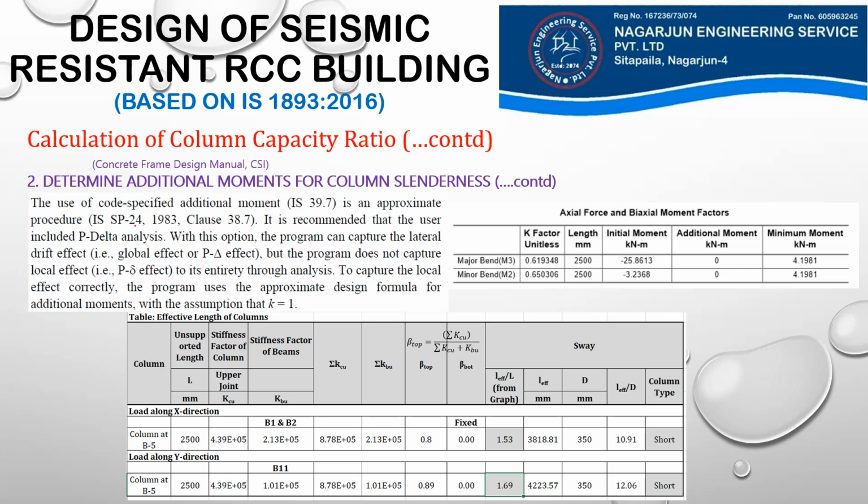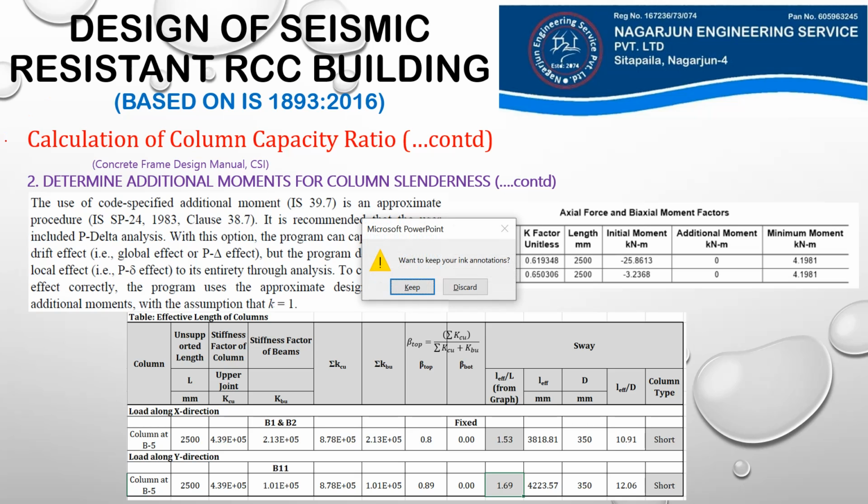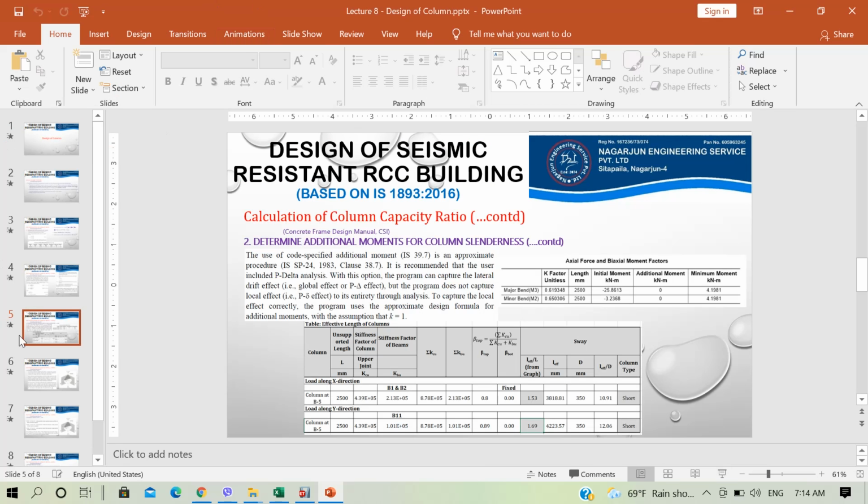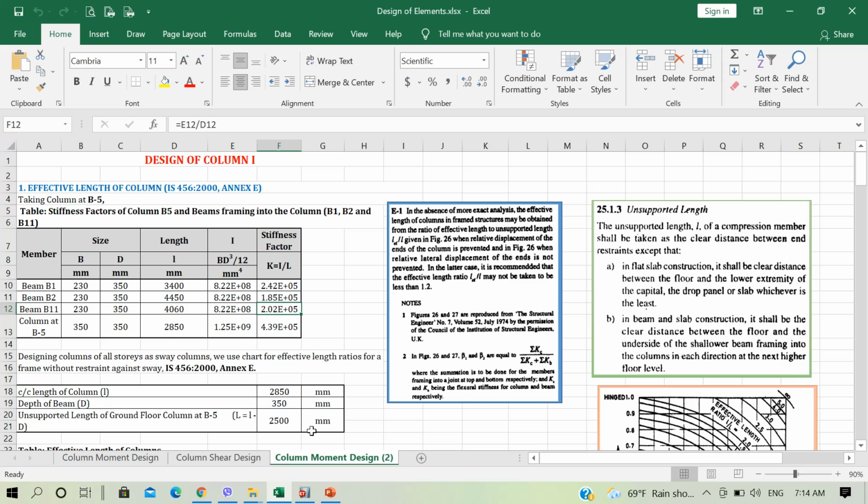To determine the column slenderness, whether it is a short column or a long column, I have prepared a short Excel sheet. Let us go through that first. Here I have prepared an Excel sheet for checking the slenderness of columns.